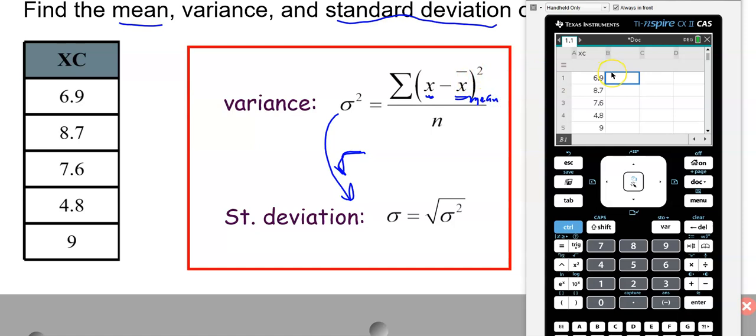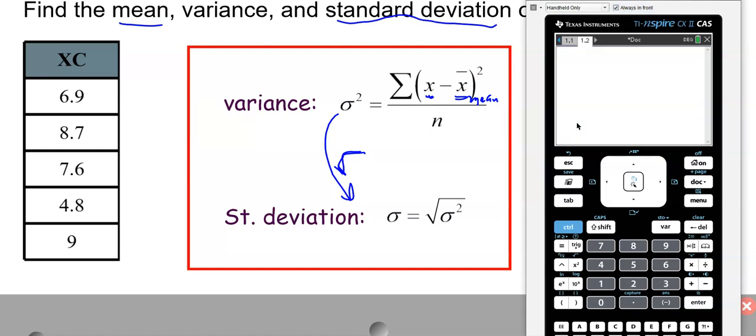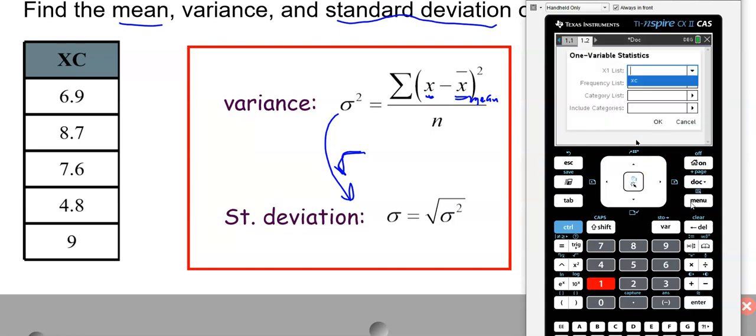So let's add a calculator page. I'm going to go to the calculator page, not a scratch pad. Don't go to the scratch pad, it won't talk. Definitely add a calculator page, page 1.2 now. I'll just do one variable stats. I think we did this the other day. Menu 6, 1, 1, one list.